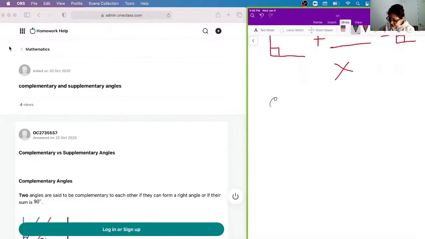So we can say complementary angles are always in pairs.